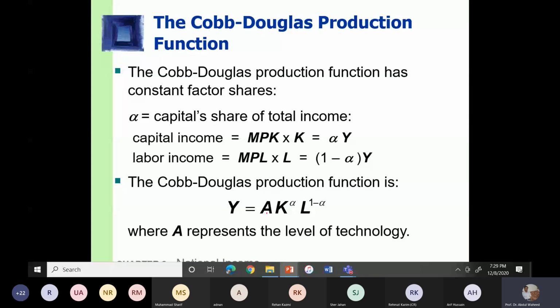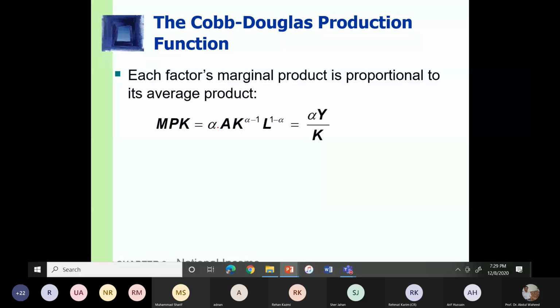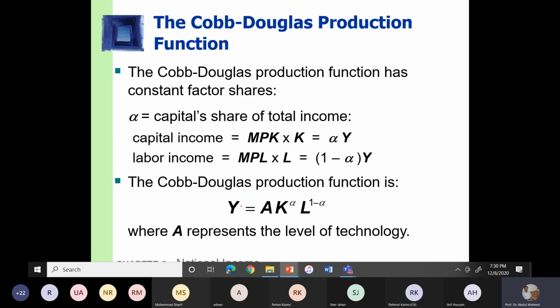In case of derivative, what we do, we take this alpha here, and then from this capital exponent we have to subtract 1, and this is the same, there is no change here. Whenever you want to take a derivative, here we are taking the derivative with respect to capital because the derivative shows the rate of change. So we want to know the rate of change of y with respect to capital.